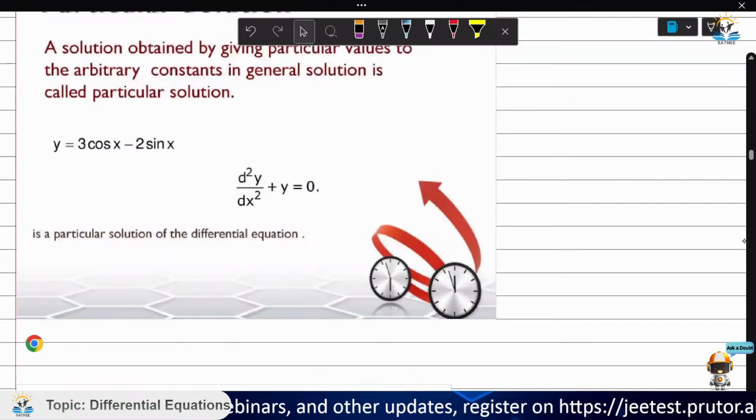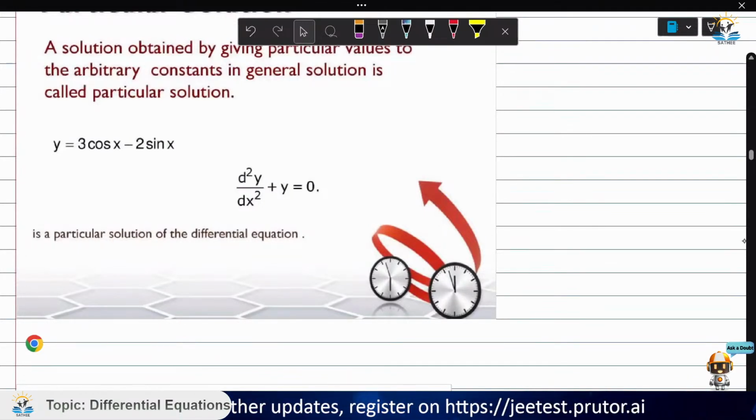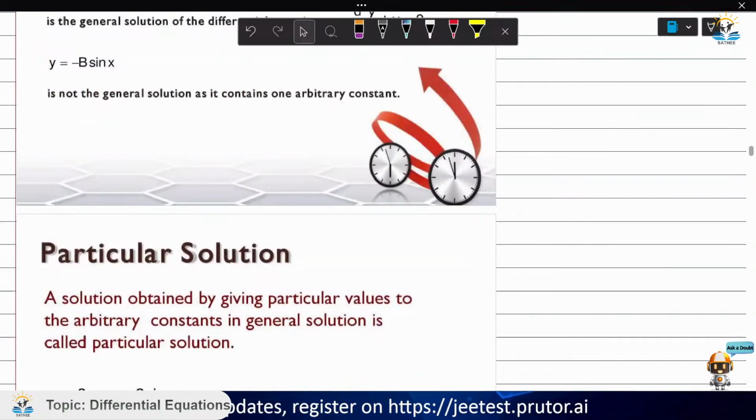Let's see. I think we also didn't cover the standard part, right? Just a minute, guys. I'll just pause my share and include the standard part here. Just a minute.